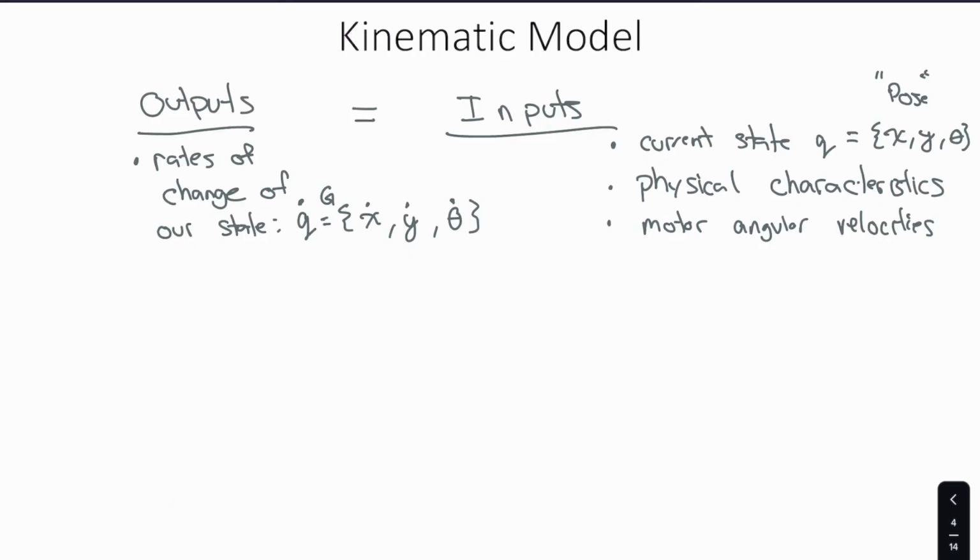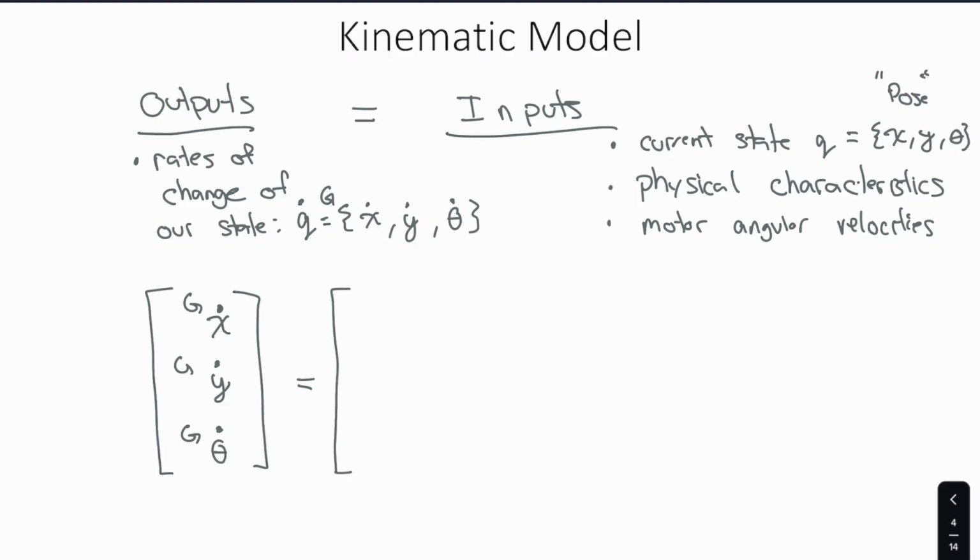So putting this all together, our output, so how quickly our robot is moving in the global coordinate frame, is equal to a transformation based on our current state. In this case, the only thing that really matters is the value for theta.